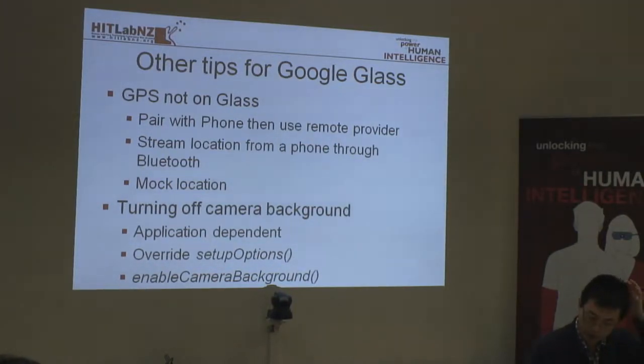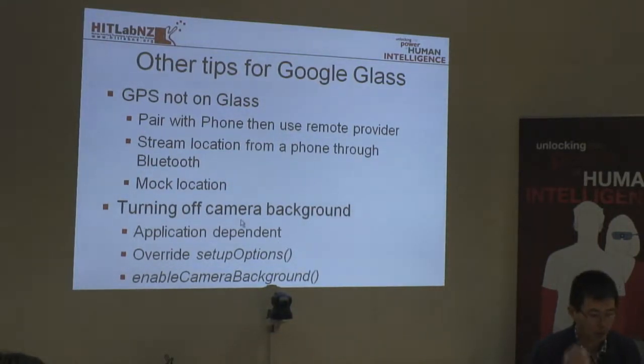So beware of that. A couple of other options you can do is simply pair them, or if you are keen with Bluetooth programming, then you can actually get the GPS location from your phone and stream it through Bluetooth. And of course, you can use a fake location if you are just testing it.